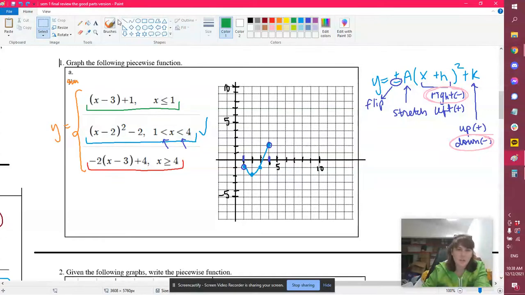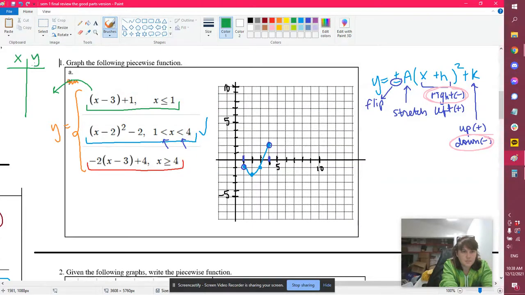If I don't like interpreting like the y equals mx plus b, where's the y-intercept, which one, I can always plug in my endpoints, right? To find out how to graph this green line, I can make a table where I plug in my endpoint at 1 as x, find the y, so 1 minus 3 plus 1 is equal to negative 3.